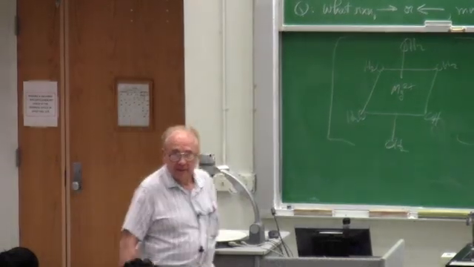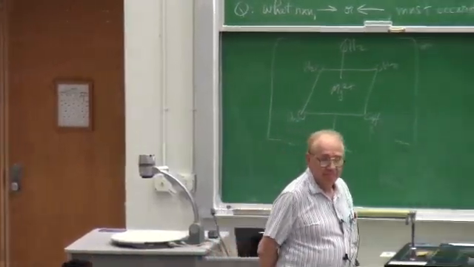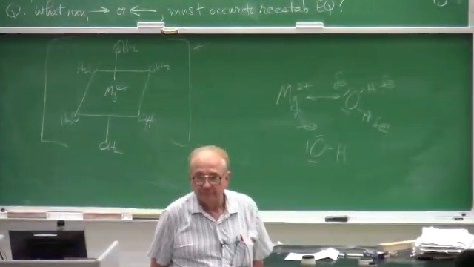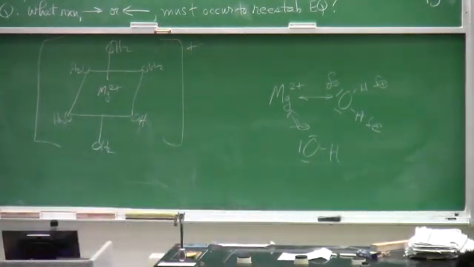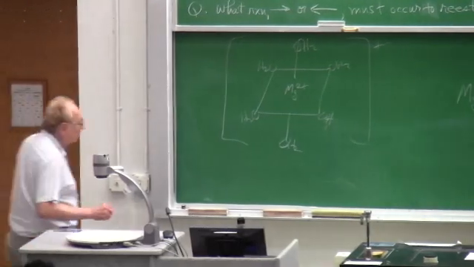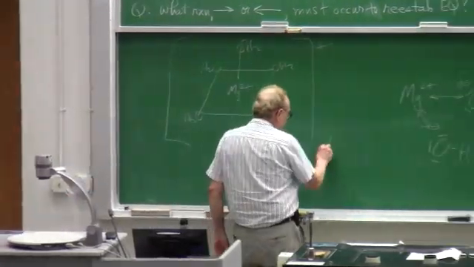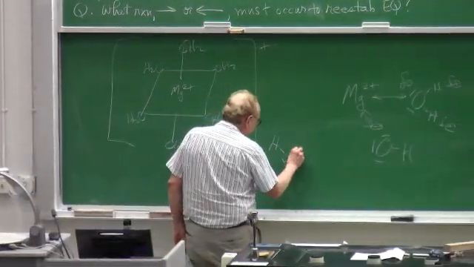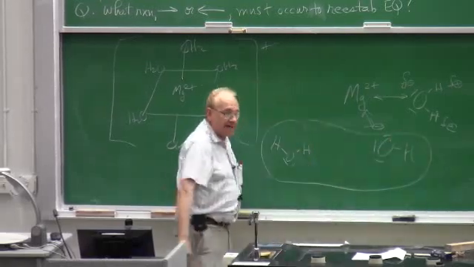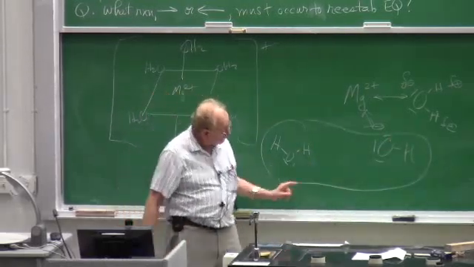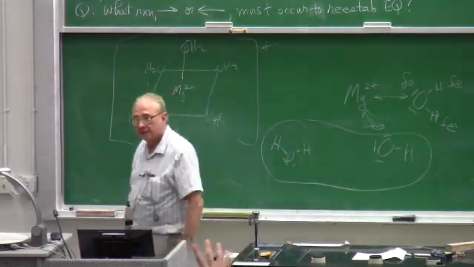Why? Its oxygen is tighter. Why is it easier by far to get H+ from this thing than from this thing?